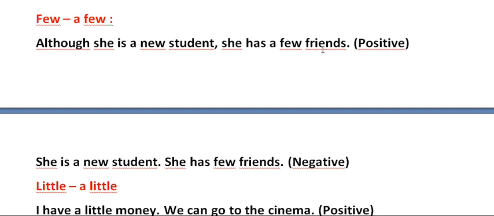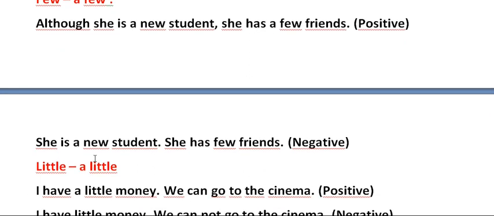That's a good thing, positive. She's new, but she has a few friends. That's good. She's a friendly person, I think. But here, she's a new student. She has few friends, so it's a negative idea. It's like she doesn't have any friends. That's bad for her. That's sad for her.